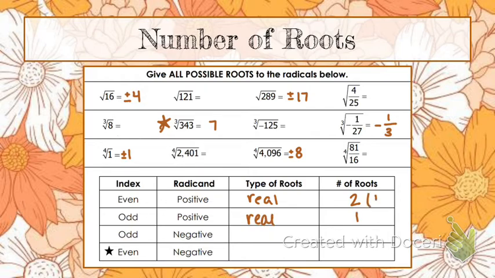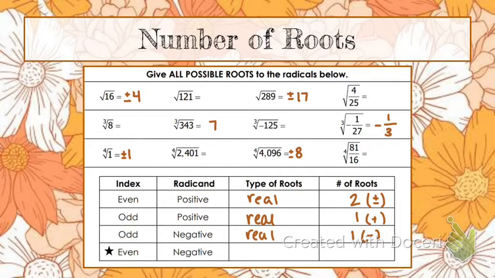So up here, we're also going to put the signs just to help you. So if there's two roots, it's plus or minus. If it's odd and the radicand is positive, then your root is also going to be positive. If it's odd and negative, that is like this one, and we still get a real number, and we still only get 1, but this time it's negative.